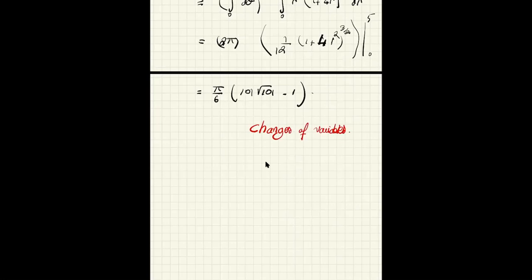Okay, so you are familiar with the change of variables in one variable, change of variables in 1D.